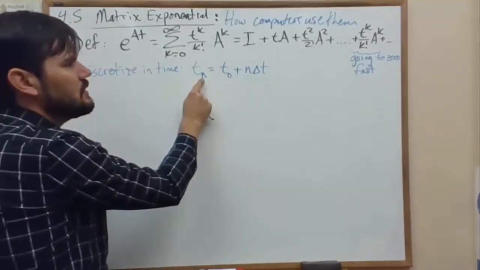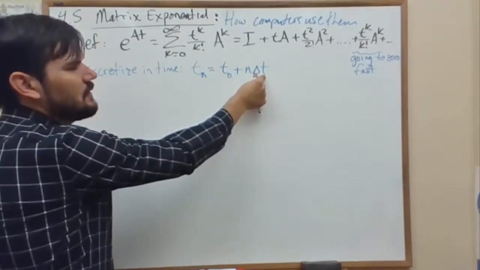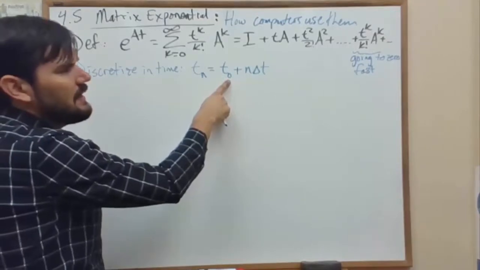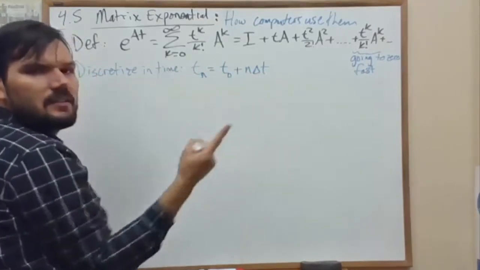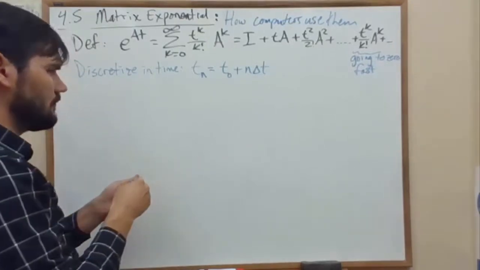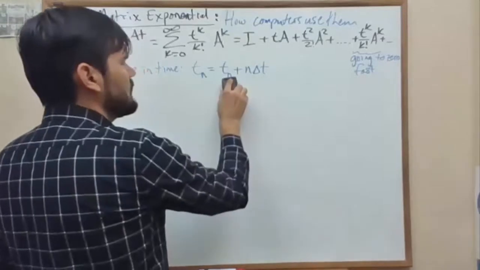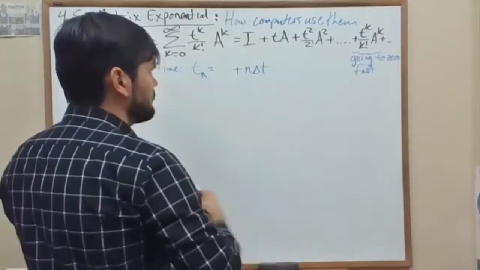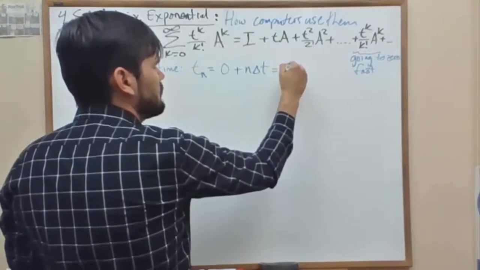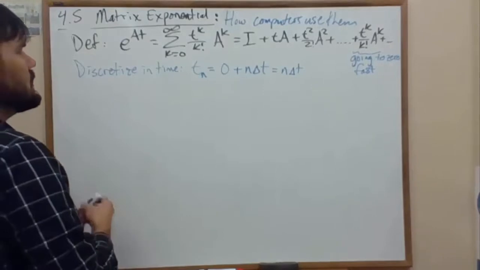So we choose a time step, and that allows us to have the initial time, usually 0, and then we add delta t to get the next t1 time, then t2 time, etc. Now let's just assume that t0 is actually 0. Then we write down our matrix.